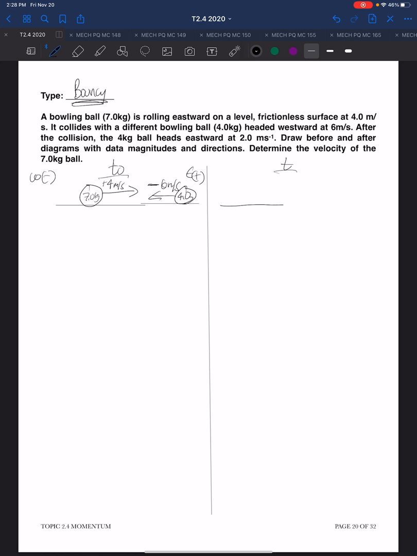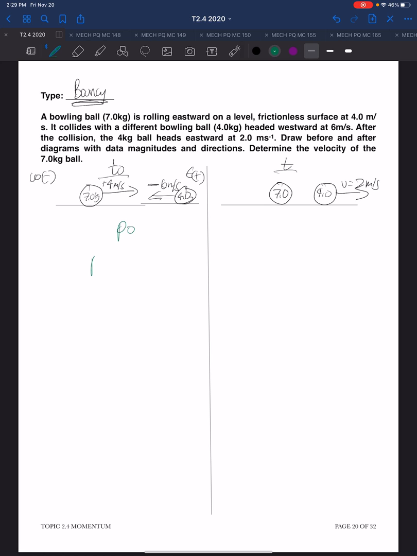We are told that after the collision, the 4 kilogram ball heads eastward at 2 meters per second. So afterward, v equals positive 2 meters per second for the 4 kilogram ball. We are to draw before and after diagrams and determine the velocity of the 7 kilogram ball. There are a number of different possibilities about what could happen, so our accounting of the momentum will allow us to figure it out.